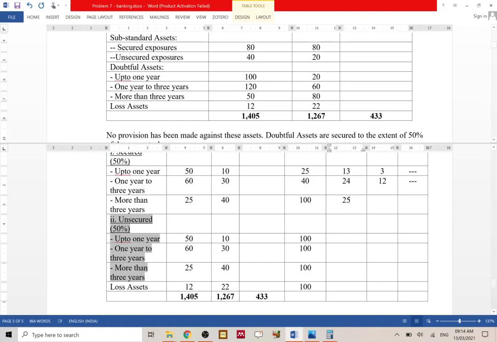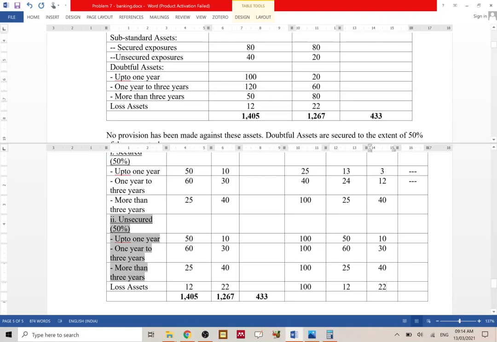Just write the same amounts as this, 25, 40. Again 100% of 50 and 10. Again 100% of 60, 30, 25, 40, 12, 22.